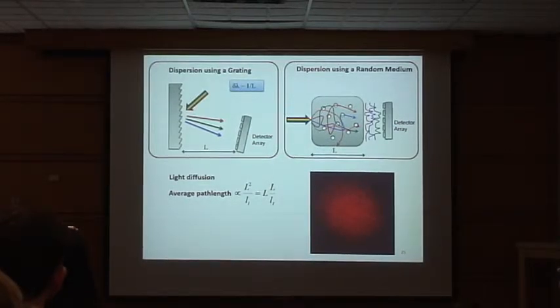LT is the transport mean free path. In other words, you can see how long light will travel before it scatters. So you can see the increase of the path length from the actual dimension is big L, which is the size, over the mean free path. And this can be like 100 times easily. So that means we can really increase the path length by 100 times, which means we can improve our resolution by 100 times. But what price do we pay?